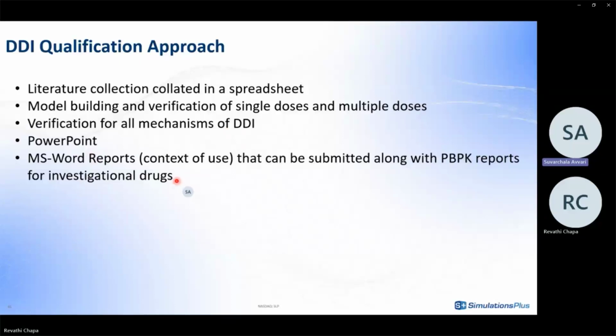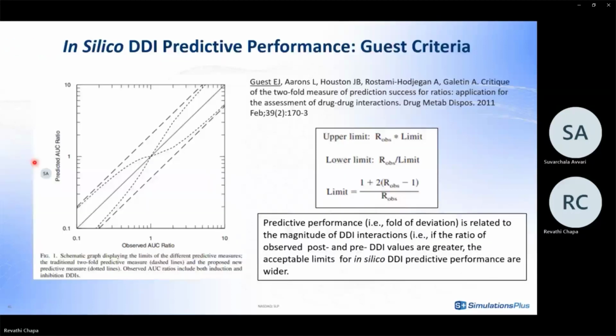And in most of the cases, especially for applying for the waivers or any further investigation into those compounds, these reports in the Word document format can be submitted to the regulatory agencies.